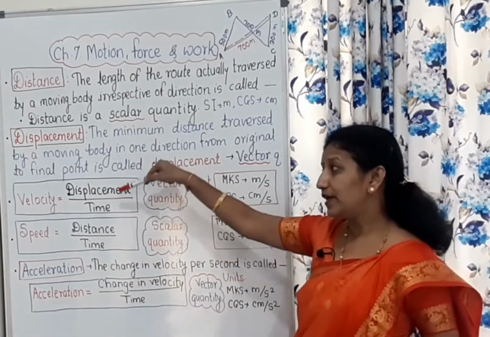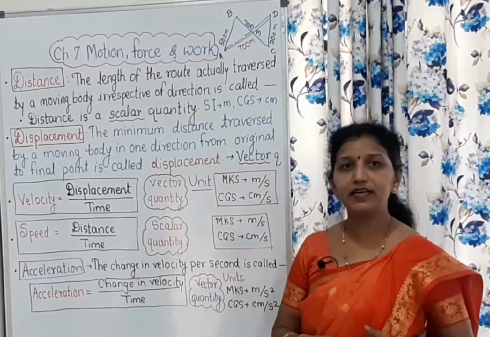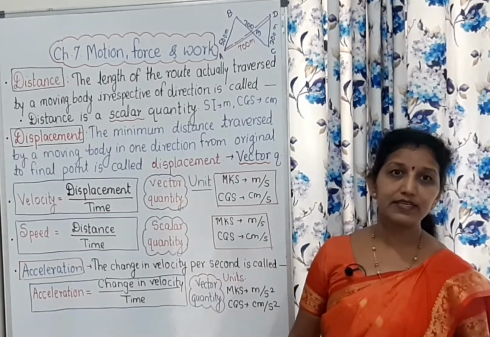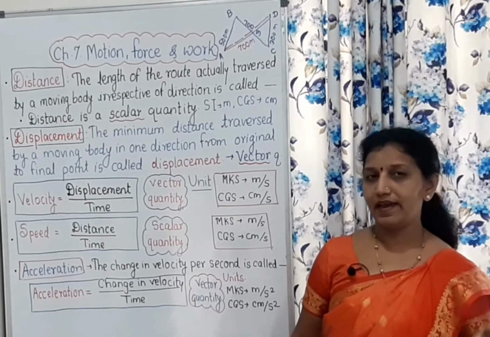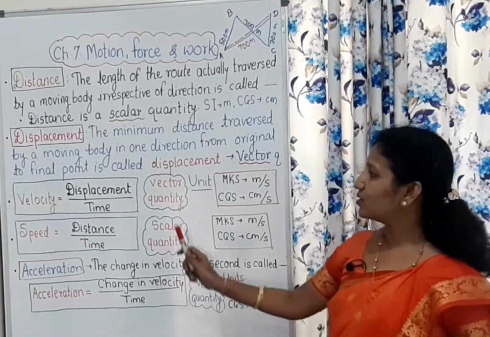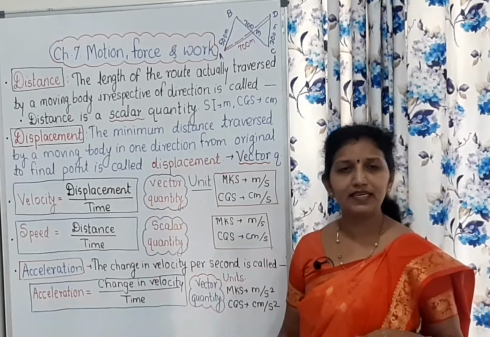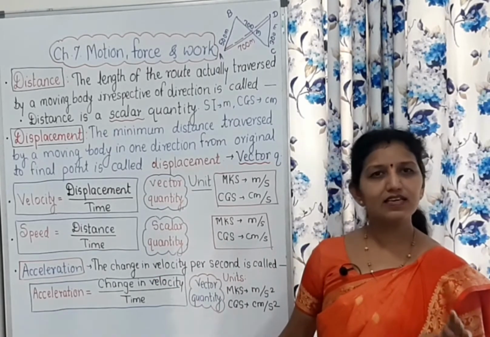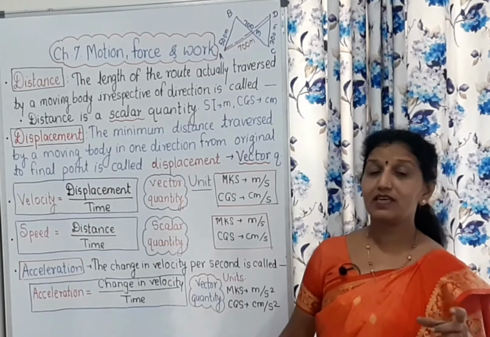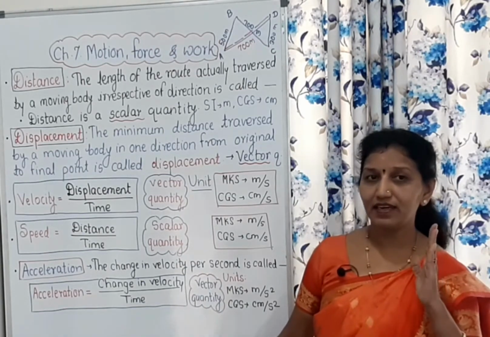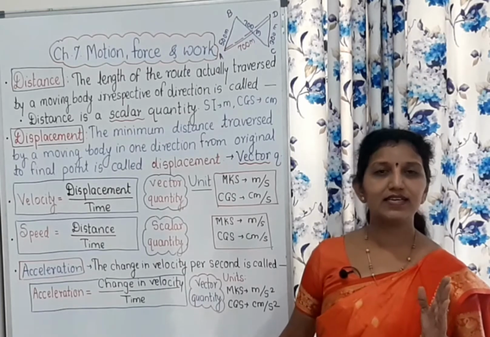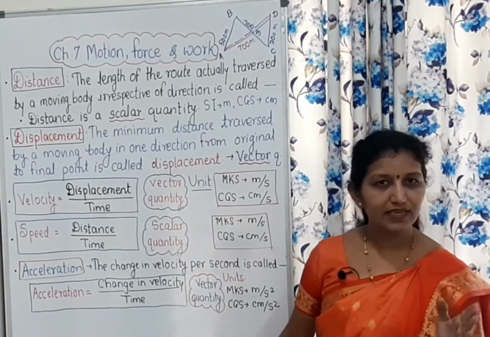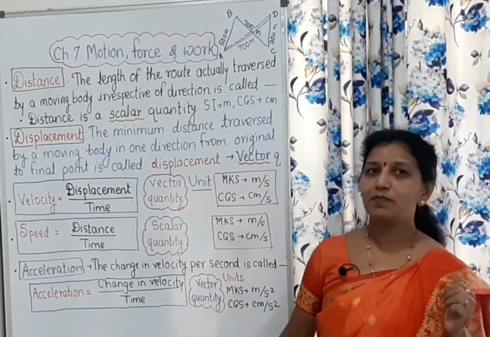Now, depending upon displacement and distance, there are two further quantities: velocity and speed. You may think that velocity and speed are the same quantity. Yes, but in one quantity direction is required, that's why it is a vector, and in the other direction is not required, that's why it is a scalar.